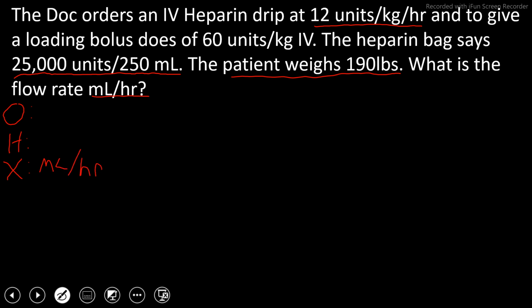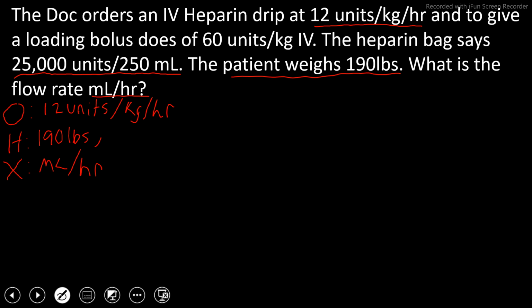The order is 12 units per kg per hour. And then what we have, we know he's 190 lbs, and then that's a comma.